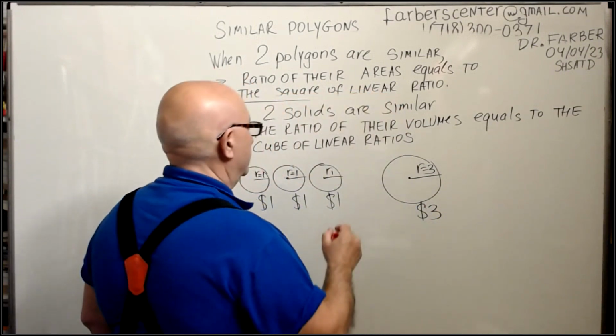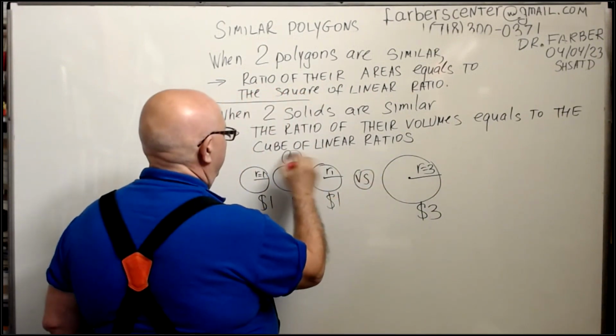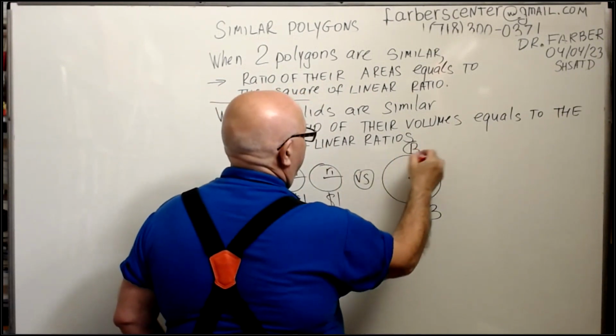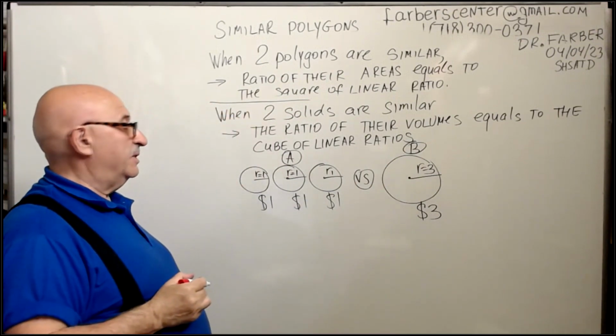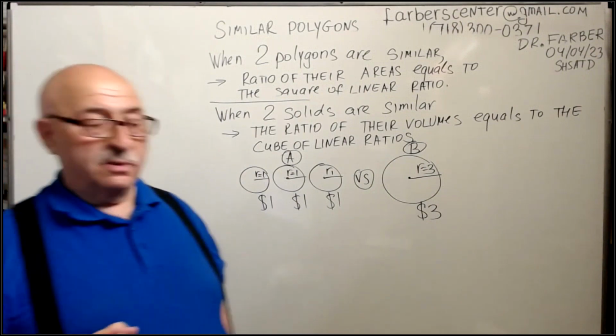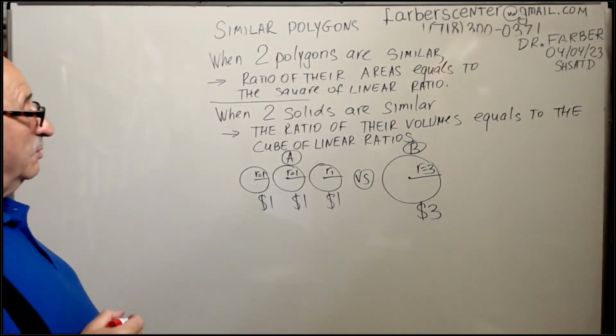We have 2 scenarios, scenario A and scenario B. And usually when they say sale in stores, you see, wow, 3 for $3 and 1 for $3.